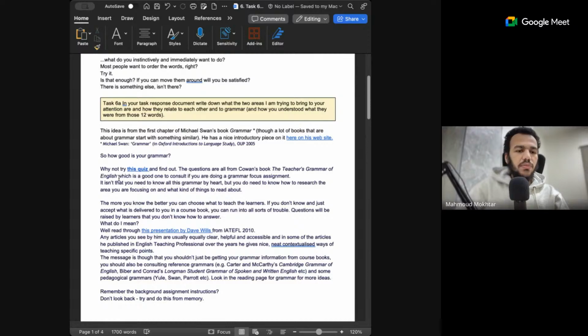This idea is from the first chapter of Michael Swan's book Grammar. Though a lot of books that are about grammar start with something similar. He has a nice introductory piece on it.